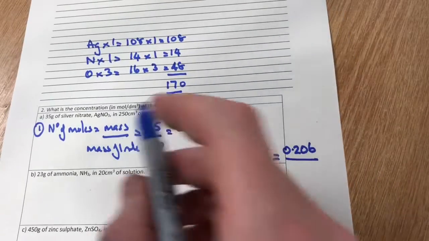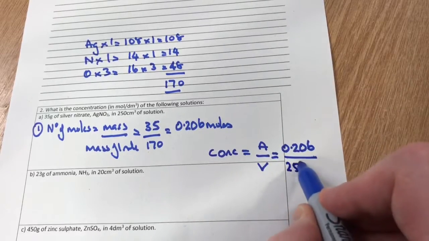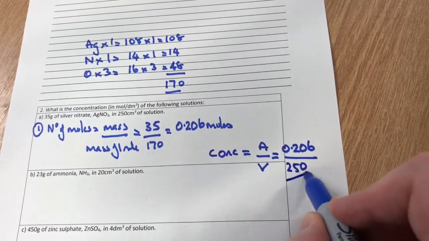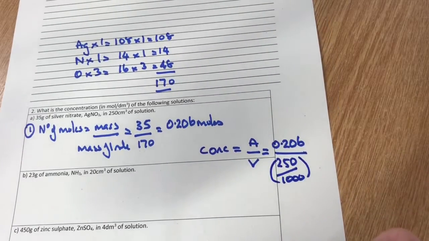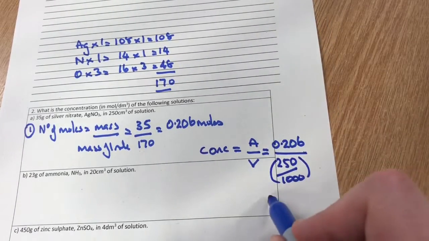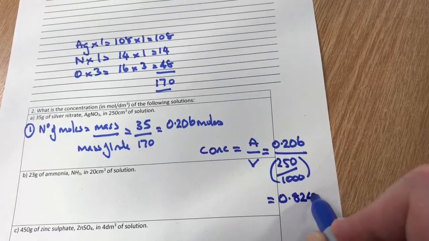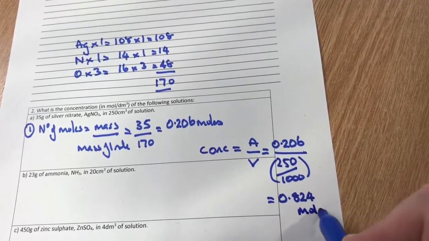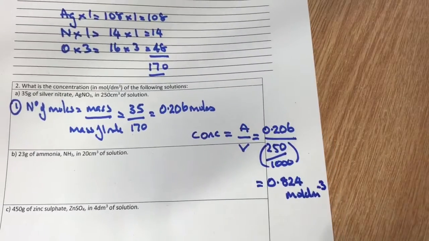The volume here is 250. Now be careful, this is centimeters cubed. So we've got 250 centimeters cubed, so I must divide that by 1,000. Put that into your calculator and it will give you an answer of 0.824, and the units I'll squeeze under here, moles per decimeter cubed. Now we have converted it.